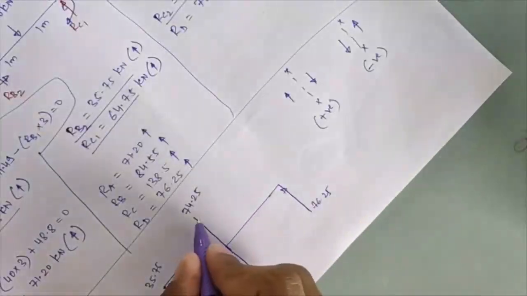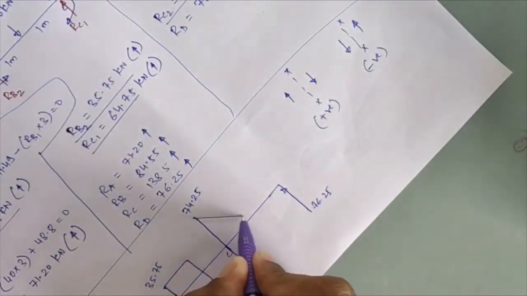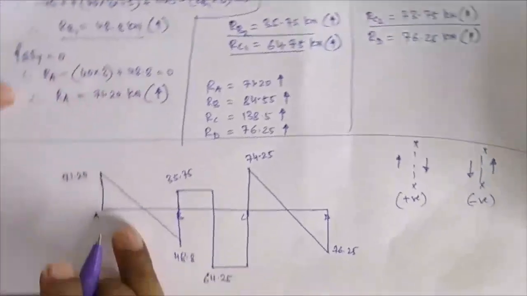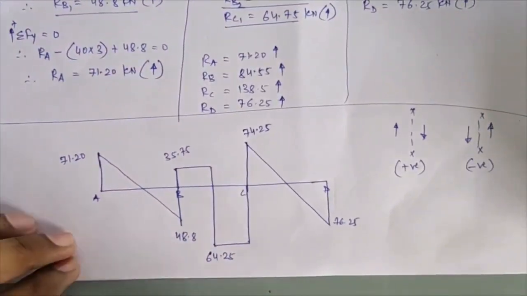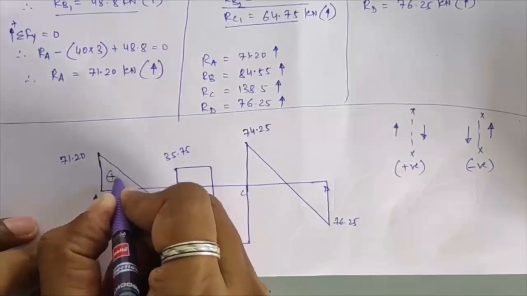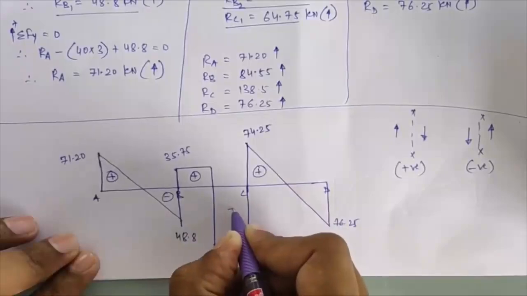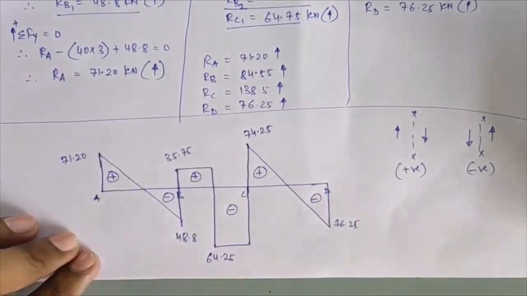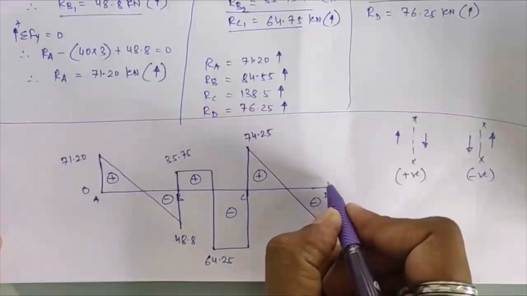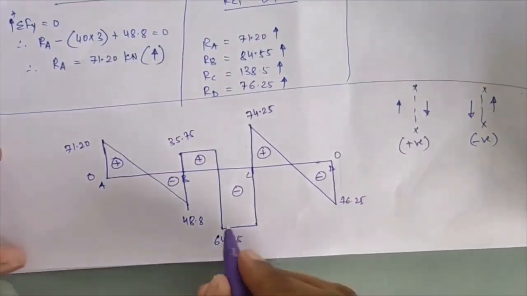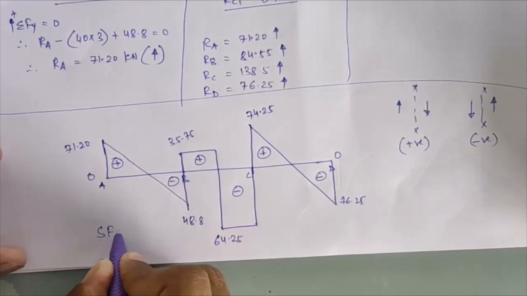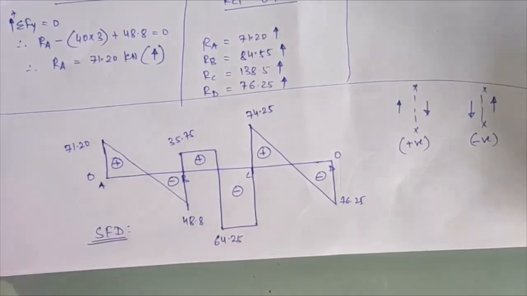Again in portion CD you have a UDL, so it will be joined by an inclined line. So this will be your positive shear force portion, and this will be your negative shear force portion considered from the zero line. So this will be your complete shear force diagram.